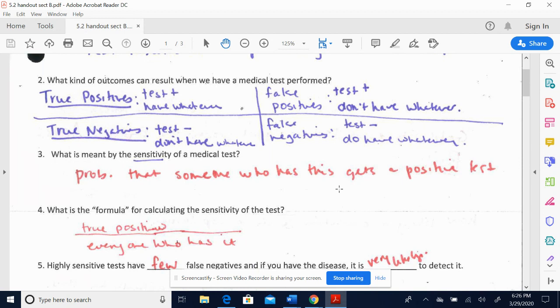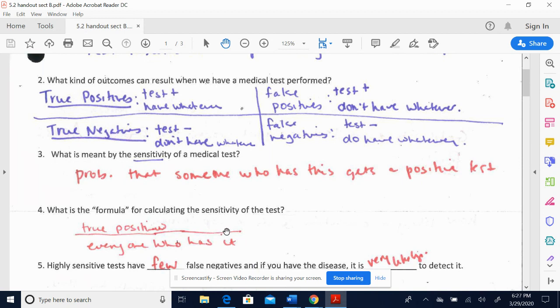Okay. So what you're really doing here is you're looking for the ability of a test to find a positive. Okay. So we want to make sure that we understand that's not necessarily the percentage of correct positives. But if someone who has it, what is the probability they're going to get a positive test?